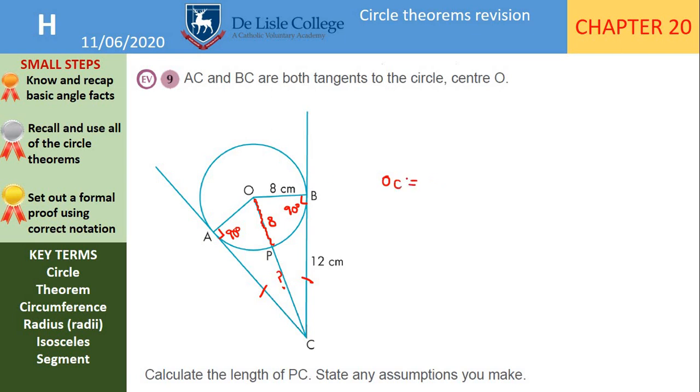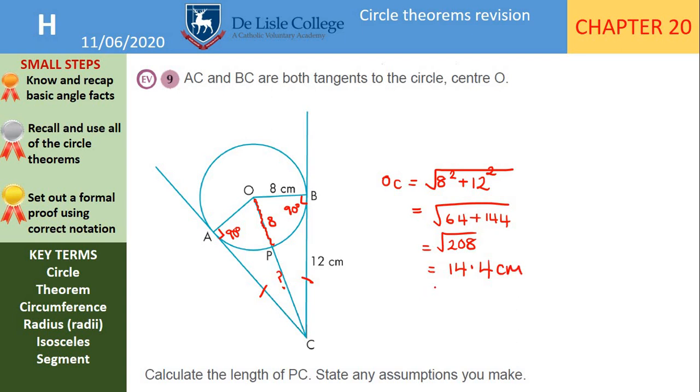So O to C then will be, remember it's the two shorter sides squared and added together, and then we take the square root. So if we work this out, this gives us the square root of 64 plus 144. So this gives us the square root of 208. And if you work that out, this comes out as 14.4 centimetres.